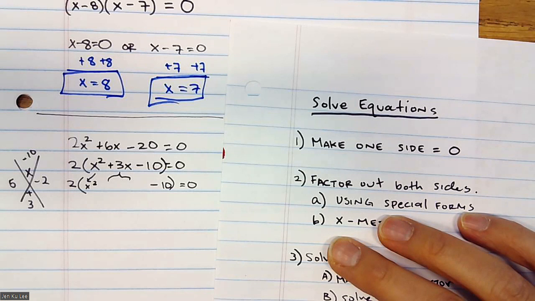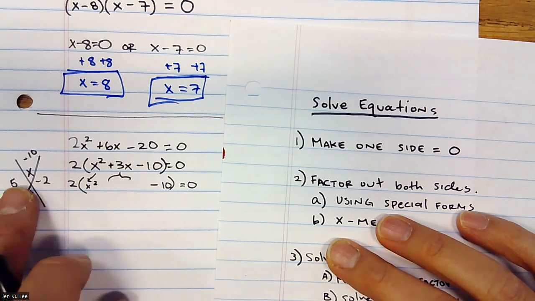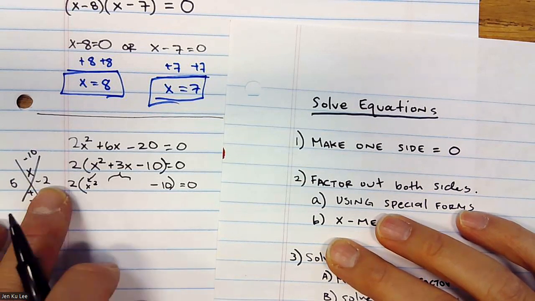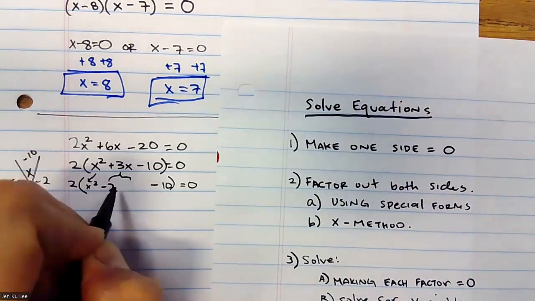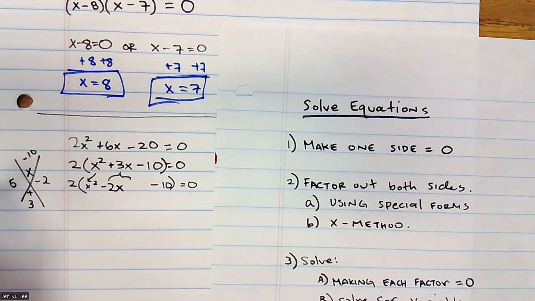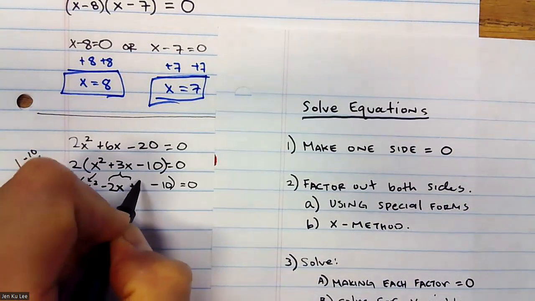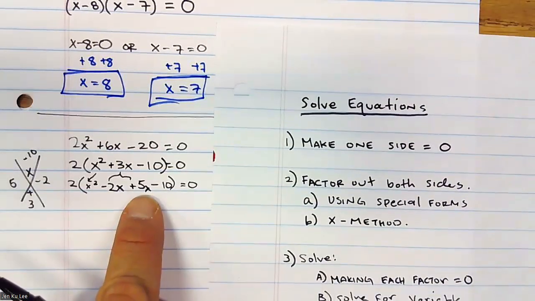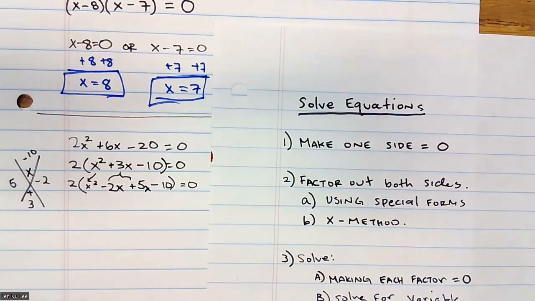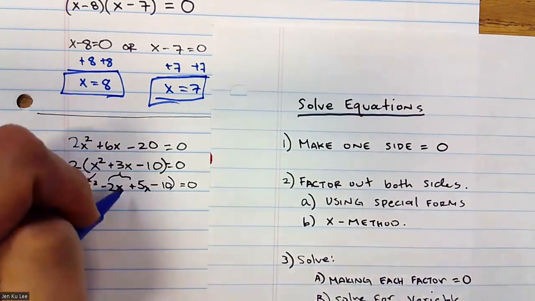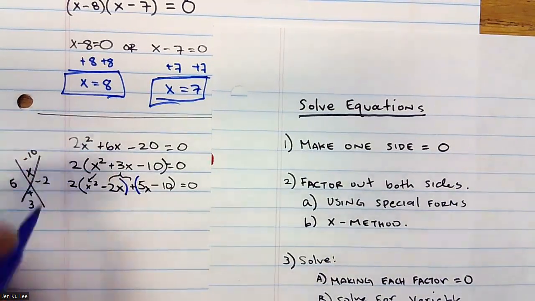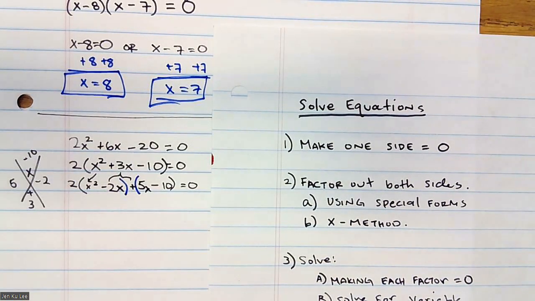Pro tip: if you have a positive and a negative number here for your x method, always, always, always put the negative number here in the first slot. Why? Because that back slot is always going to be positive, and you don't have to deal with pulling out a negative. Does that make sense?